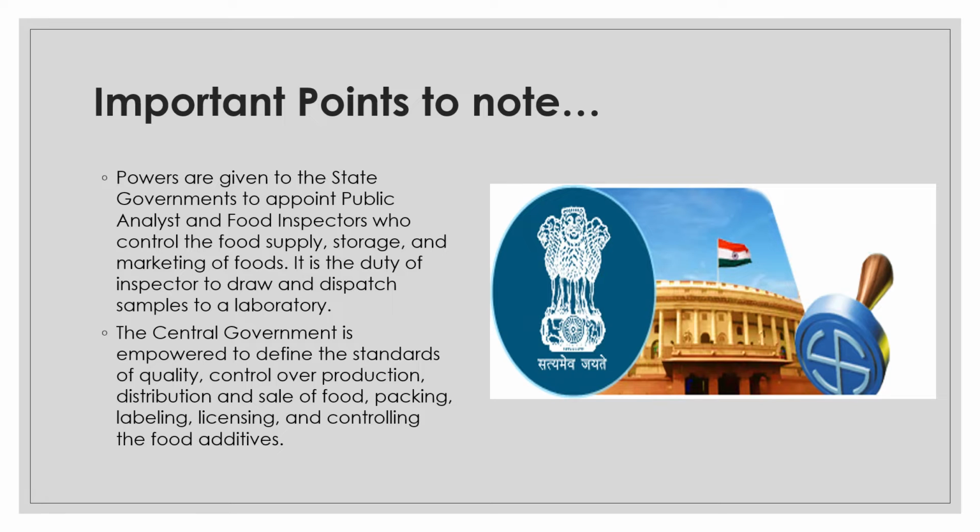And the central government is empowered to define the standards related to quality, control over production, distribution and sale of food, packing, labeling, licensing and controlling the food additives. Okay, additives means what you add to the food.